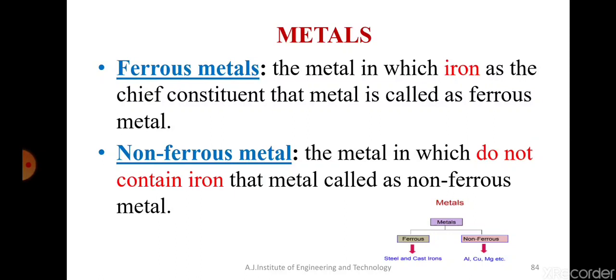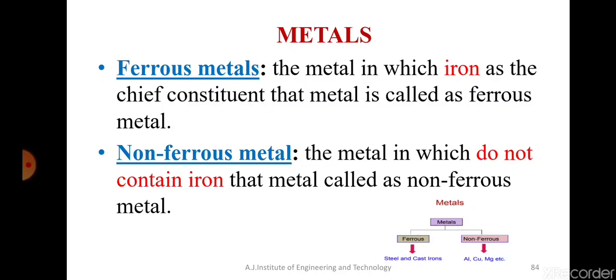That means it is not 100% iron in that. The major constituent, above 90%, 90 to 95, 98%, could be iron, and then we can have small other components also. Depending upon where they are used, they are categorized into different names. So that's called ferrous materials.